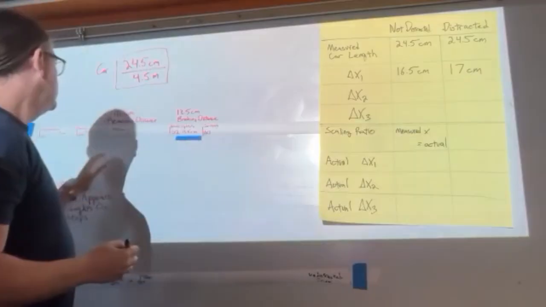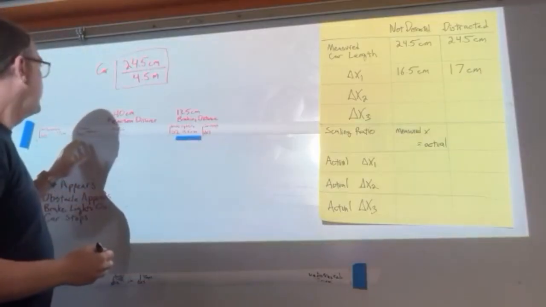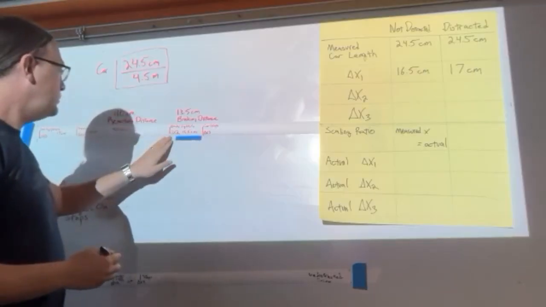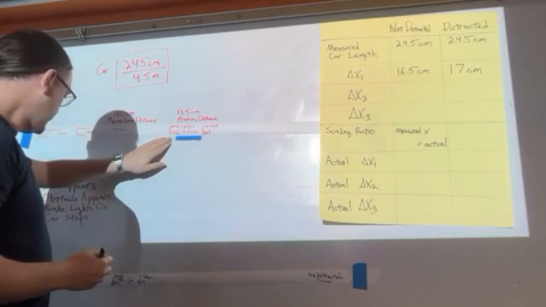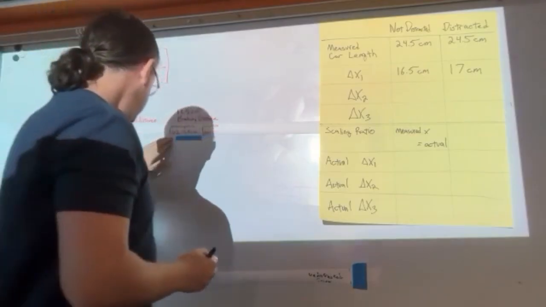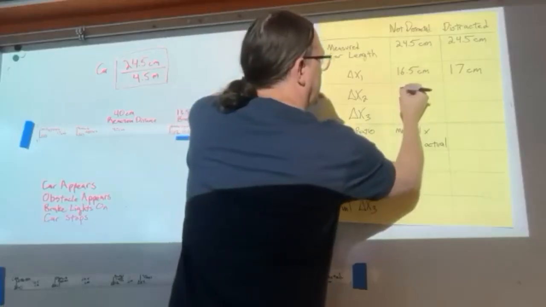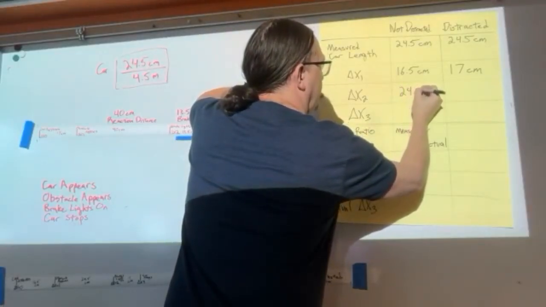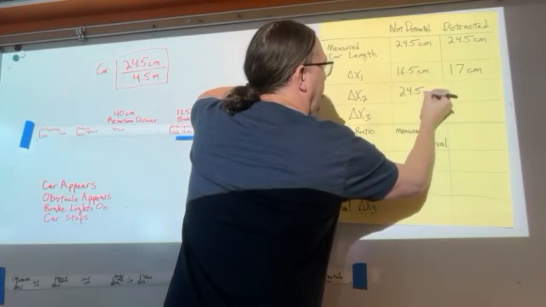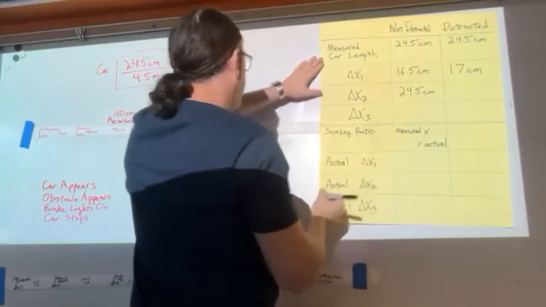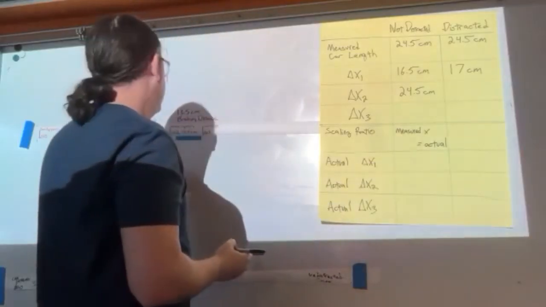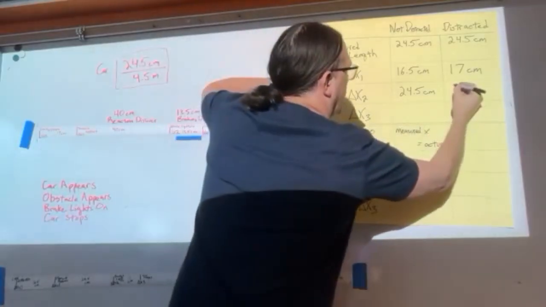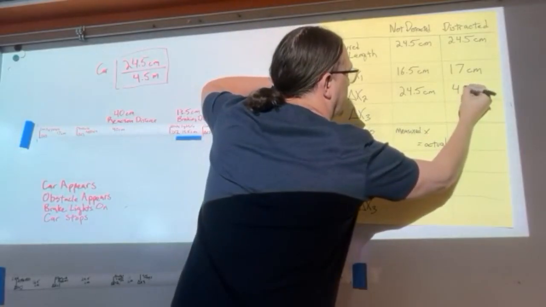The distance between position 1 and position 2 for our undistracted driver was 24.5 centimeters. And 40 centimeters for our distracted driver.